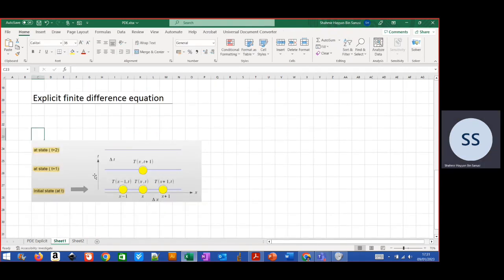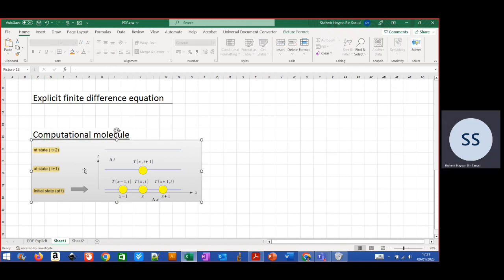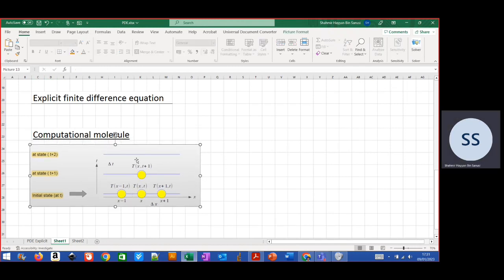Okay, so this is what we call a computational molecule, whereby it helps us to visualize the temperature. If we want to find the temperature at one point, we can use the point before, right?